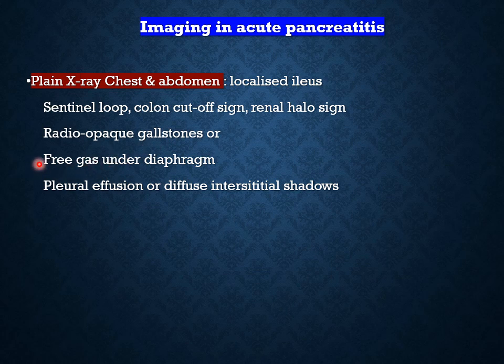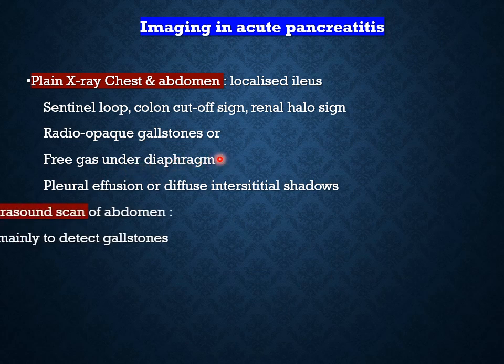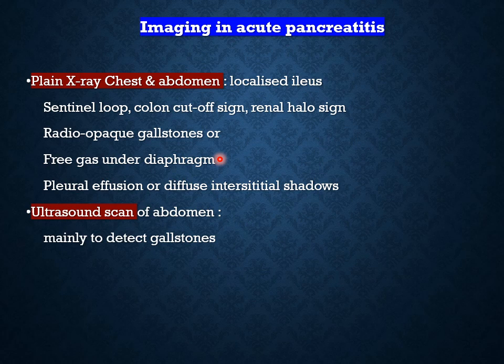Chest X-ray especially is very important to diagnose free air under the diaphragm, because perforated peptic ulcer is a common differential diagnosis. X-rays can also detect pleural effusion and diffuse interstitial shadows. So these are the roles of plain X-ray abdomen.